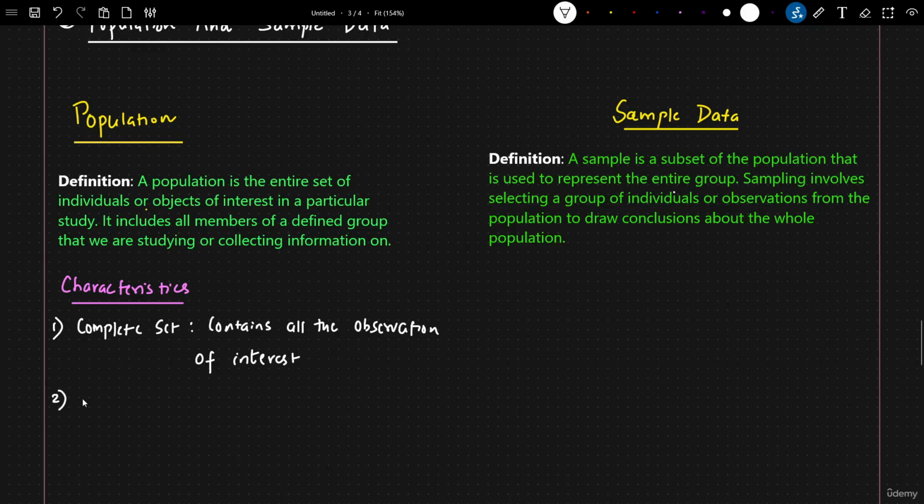Second is a parameter, and this we are talking about with respect to characteristics. A parameter is a numerical value summarizing the entire population.